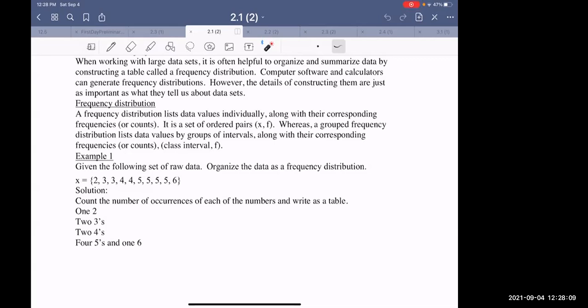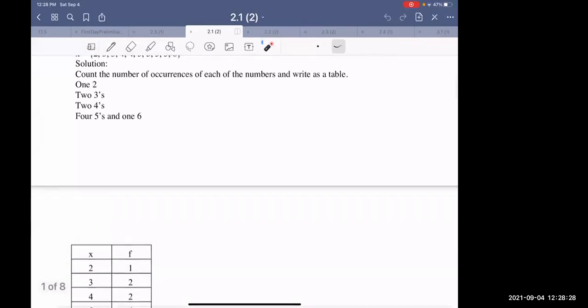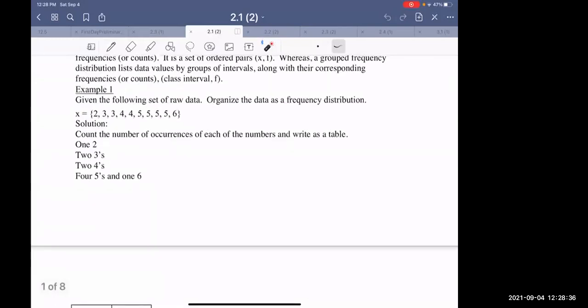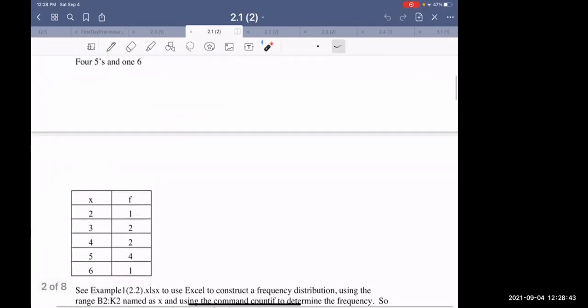So suppose I have the following set of raw data, and we want to organize this data as a frequency distribution. So I have here 2, 3, 3, 4, 4, 5, 5, 5, 5, 6. So I write down here X and F. For the X's, I look, well, what are the values that X can take? 2, 3, 4, 5, and 6.